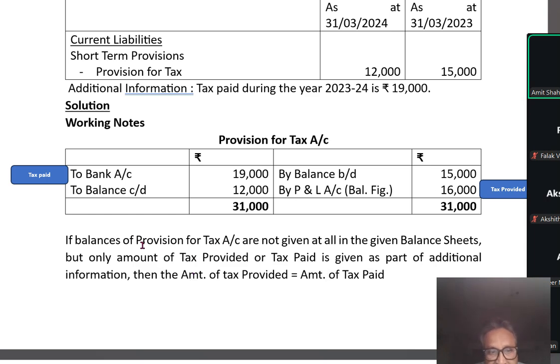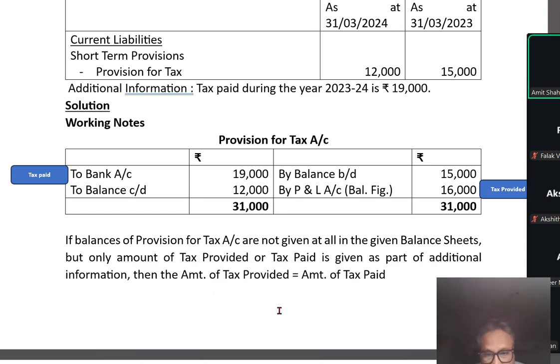If in a question, guys, balances of provision for tax account are not given in the given balance sheets at all, but in additional information, you have been given either the amount of tax provided or tax paid. In that case, for preparation of cash flow from operating activities, amount of tax provided would be equal to tax paid. Means both the amounts would be same.